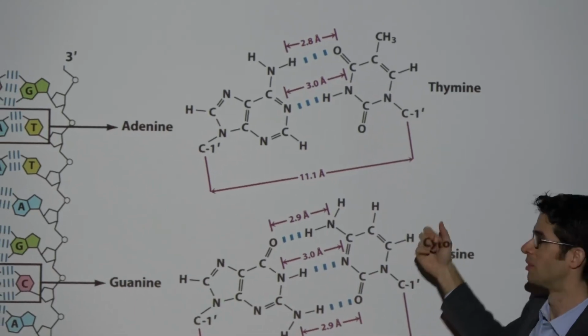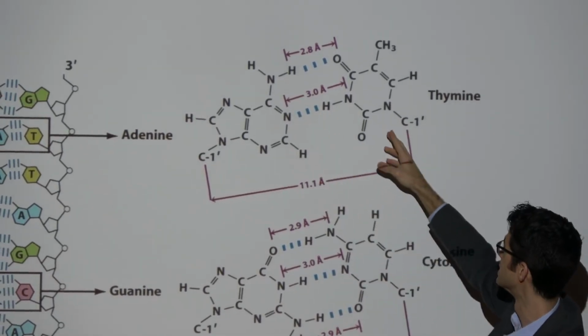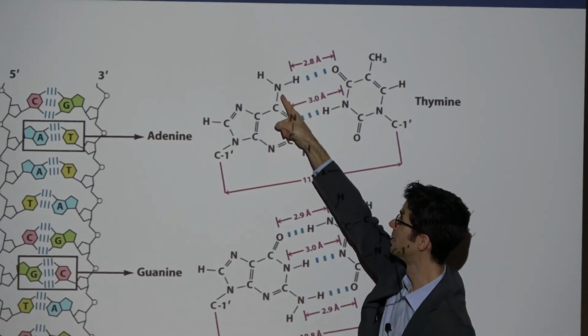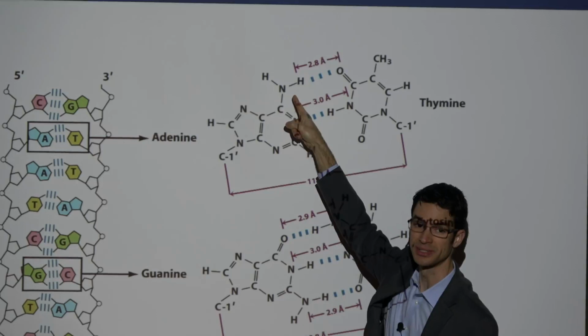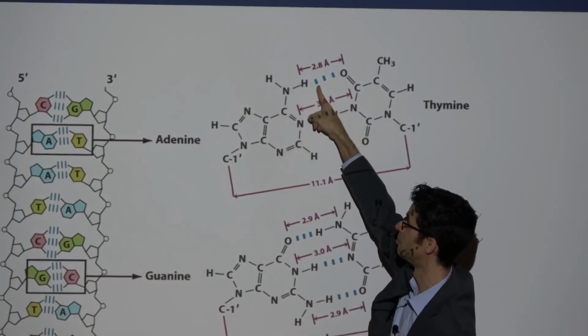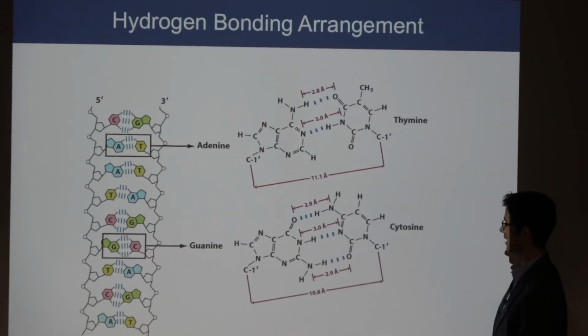The number of hydrogen bonds. So AT only has 2 hydrogen bonds, and the hydrogen bond goes from a highly electronegative atom attached to a hydrogen atom, which bonds with the lone pairs on another atom.